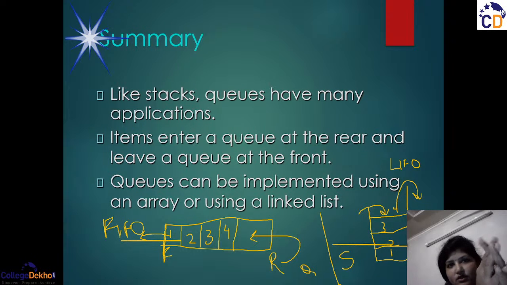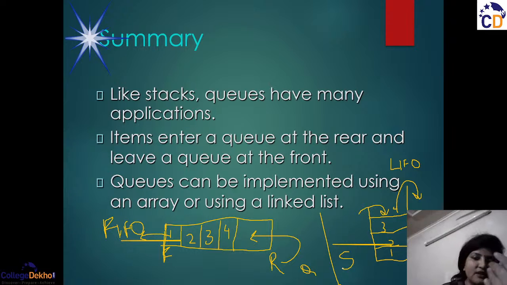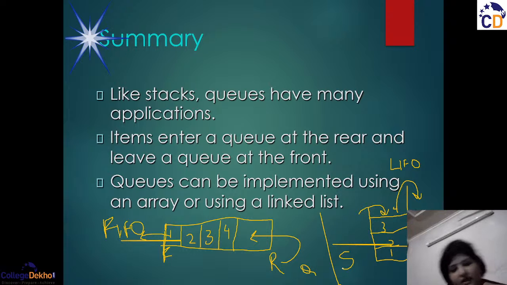And why is it denoting it? Because if we want to delete any element, we will be deleting the last element from the stack. In the case of queues, we will be inserting the elements from the rear part and deleting the elements from the front part, right? So the element which is first inserted will get out first also. The first in, first out.